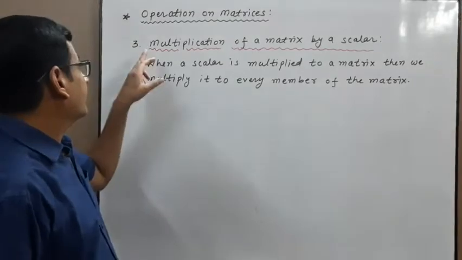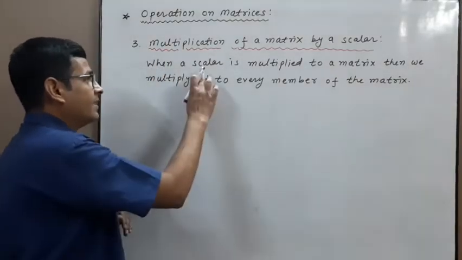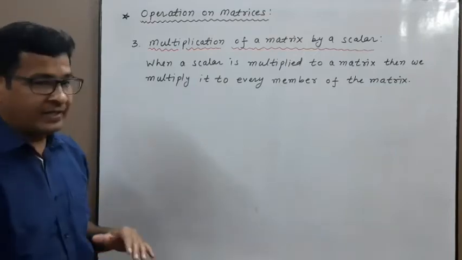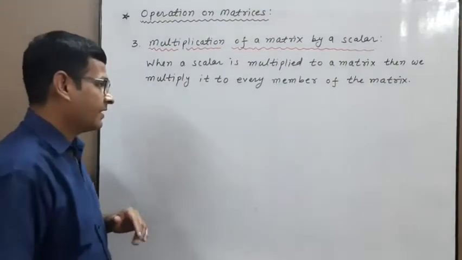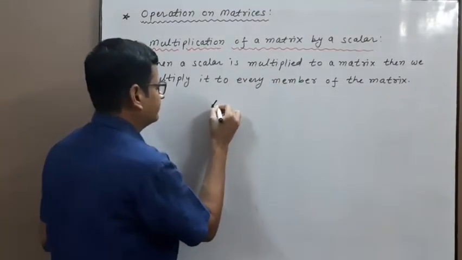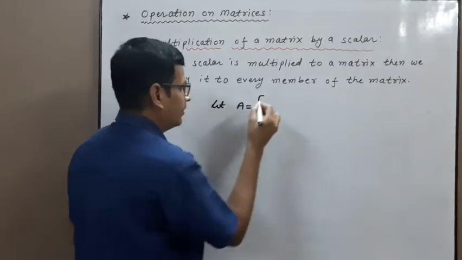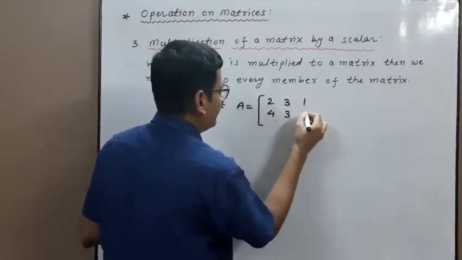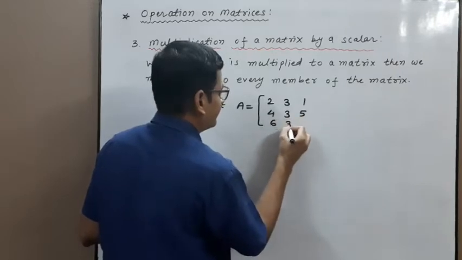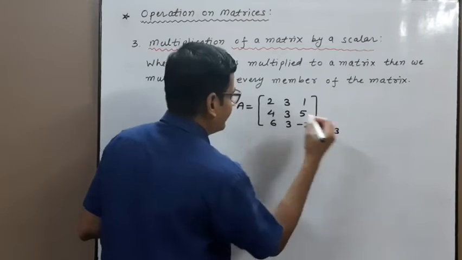Next, multiplication of a matrix by a scalar. When a scalar is multiplied to a matrix, then we multiply it to every element of the matrix. For example, let A is equal to 2, 3, 1, 4, 3, 5, 6, 3, minus 2. This is a 3 by 3 matrix.